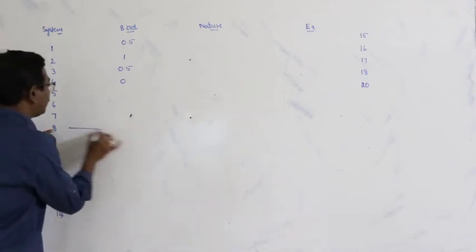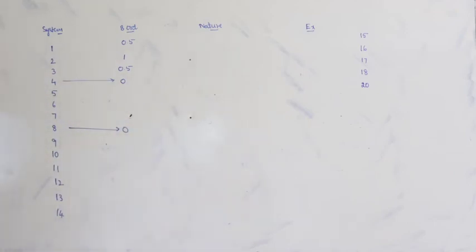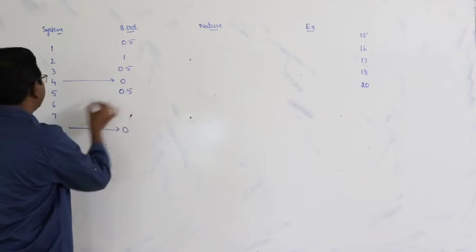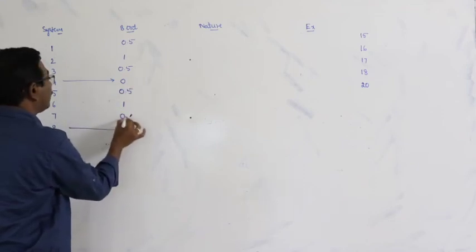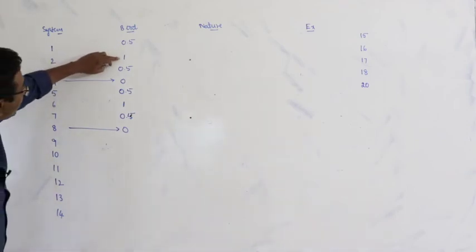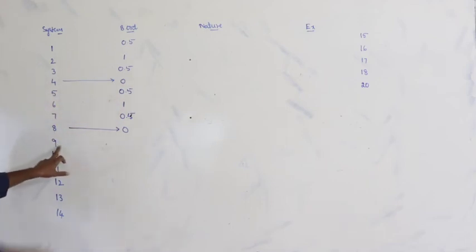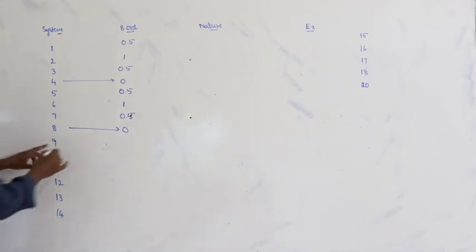And once again for the species with 8 electrons it is also 0, and the 5 electron system 0.5, 6 electron system 1, 7 electron system 0.5, 8 electron system 0. 9 electron system once again 0.5.